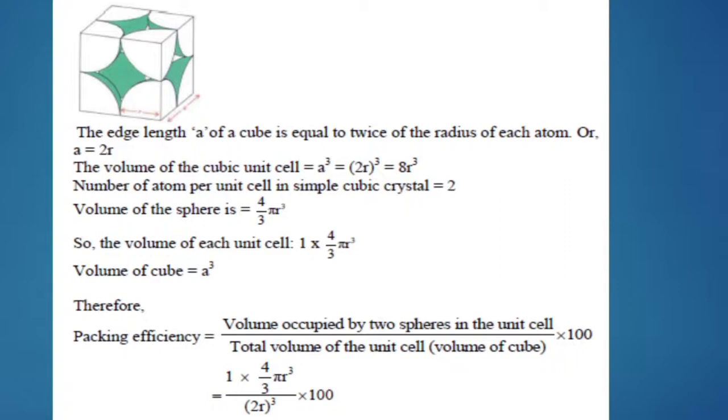Next, the number of atoms per unit cell in a simple cubic crystal is equal to 2. Volume of the sphere is 4 by 3 pi r cube. So, the volume of each unit cell is 1 into 4 by 3.